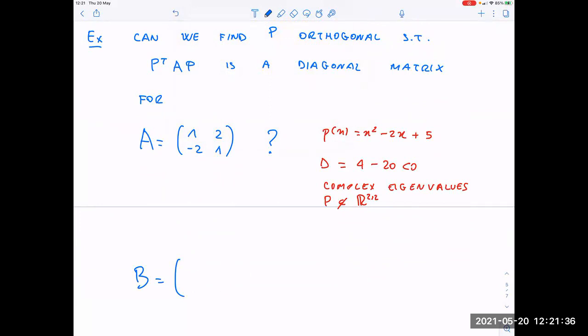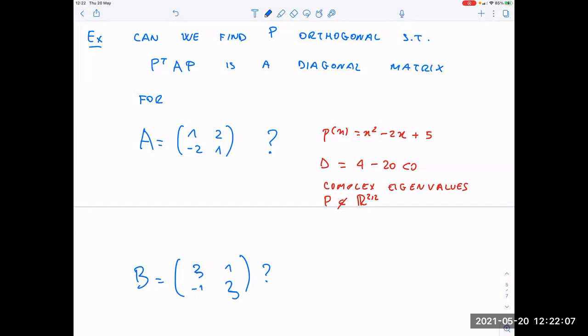So suppose we do like this, and we ask the same question. Maybe let's put a 3 here, so we change it a little bit. What do you think? Can we do this or not? Can we find the matrix P?